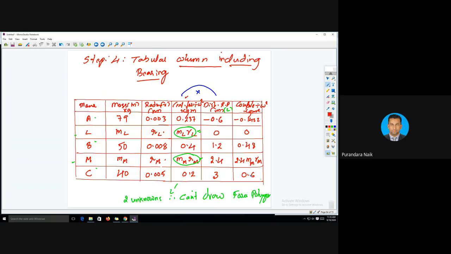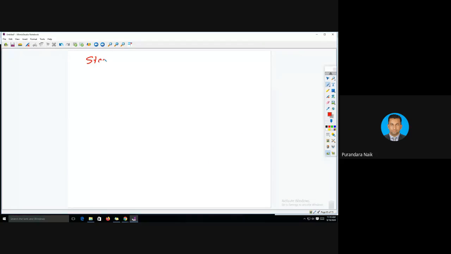Now we can draw the couple polygon because we have all knowns and one unknown. You can go to the couple polygon. Step 5, couple polygon. You need to take the proper scale. See the table.